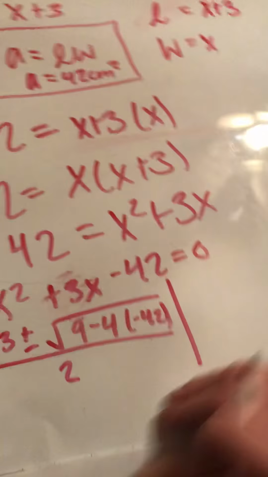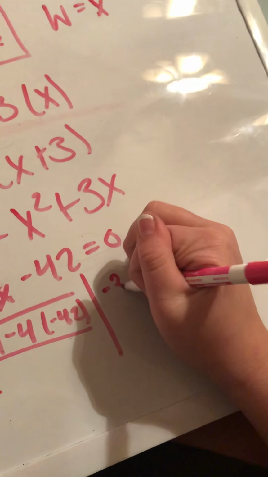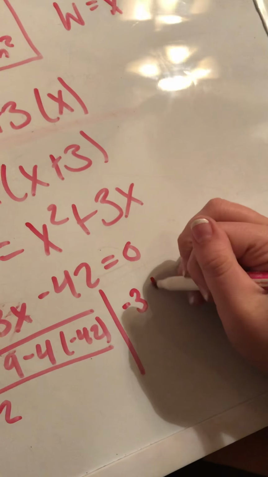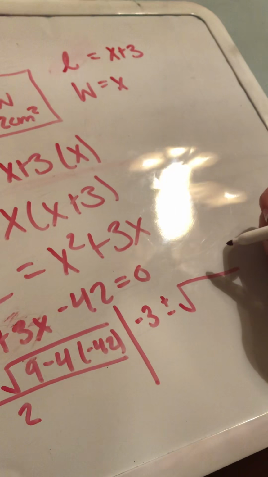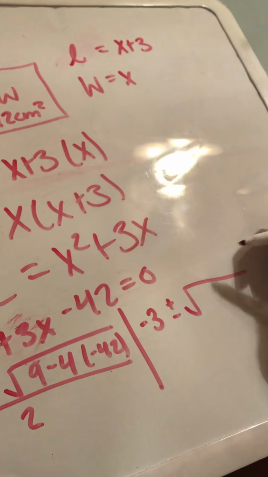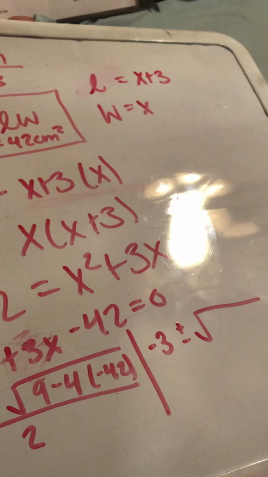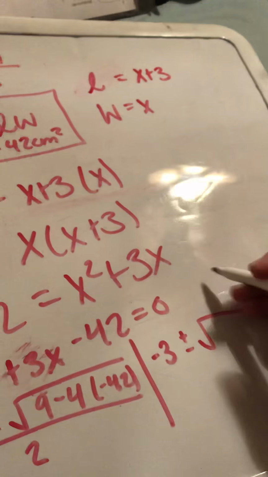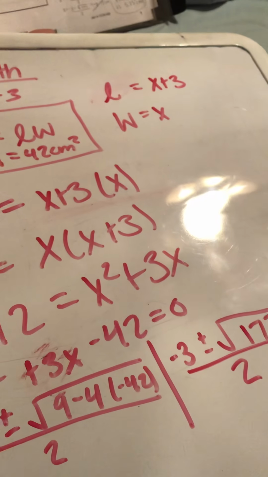So you have negative 3 plus or minus the square root of 9 plus 4 times 42, which is 177, all over 2.